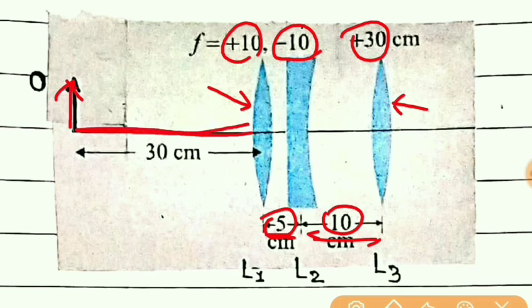So when this object is placed here, the refraction will take place by first lens, second lens and third lens, and then finally the image is obtained. So here we have to find the position of the image.